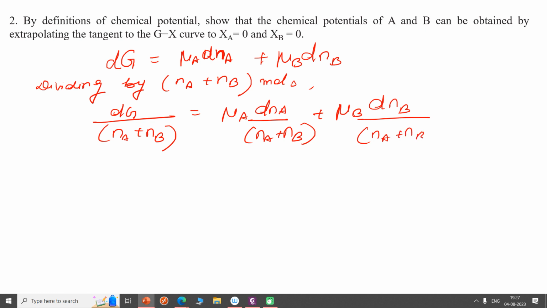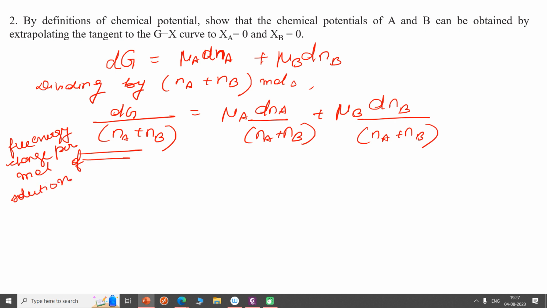NA plus NB. Okay. The left hand side of the equation here is the free energy change per mole of solution, and therefore it can be written in this manner, right?